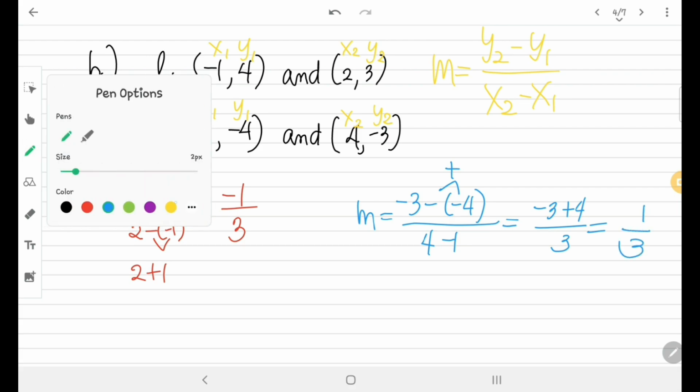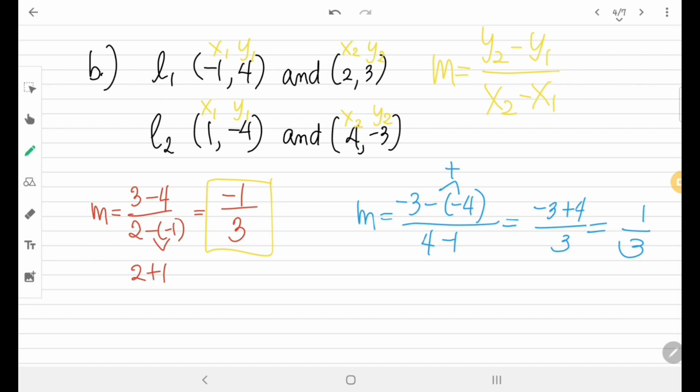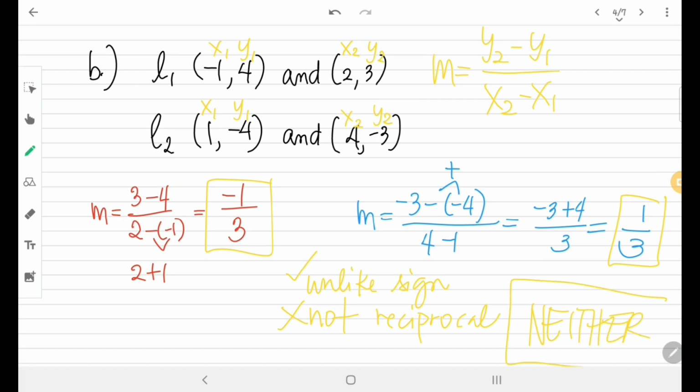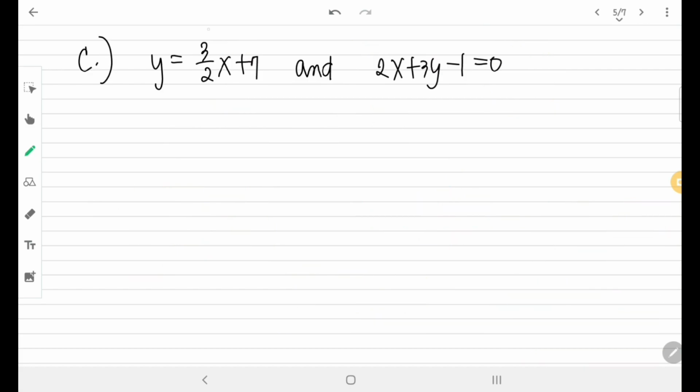And comparing their slopes, negative 1/3, positive 1/3. So, unlike sign sila, so check yun. Kaso, not reciprocal. Hindi, kasi pareho silang 1/3. So, hindi siya parallel, hindi rin perpendicular. So, we could say neither. Hindi ko pala nalagay yung choice na yun. So, this is neither.